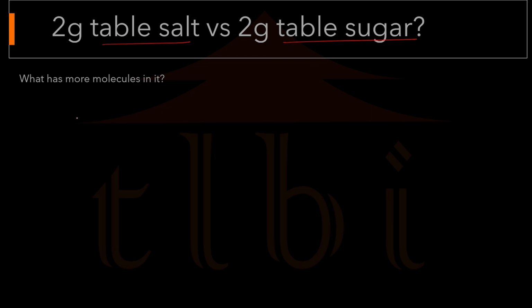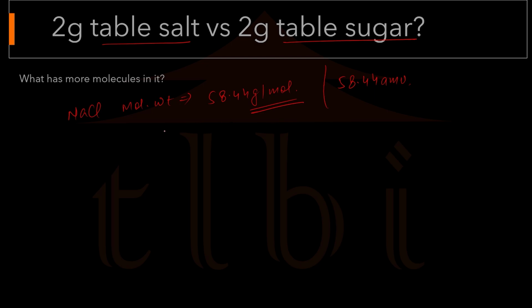Now table salt is NaCl, and its molecular weight is 58.44 grams per mole, right? You have to write this grams per mole, okay? Or you can say 58.44 AMU, that is also correct.